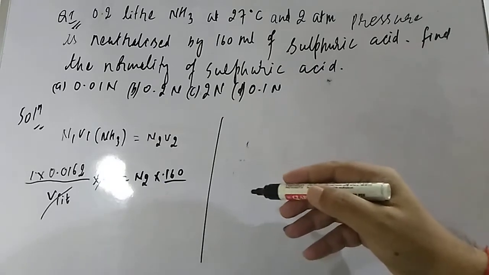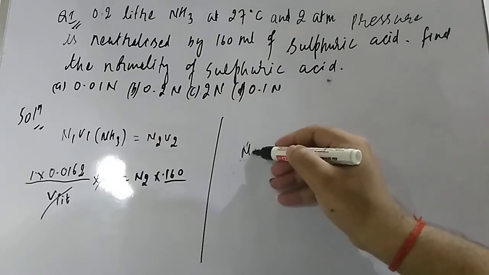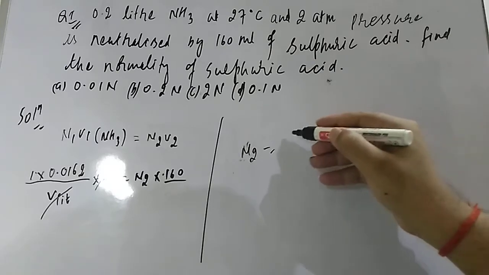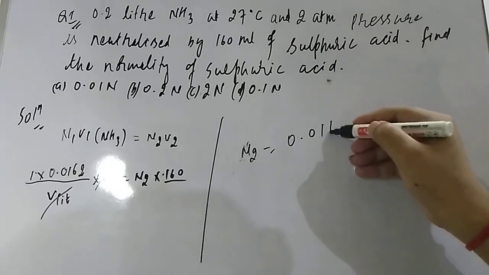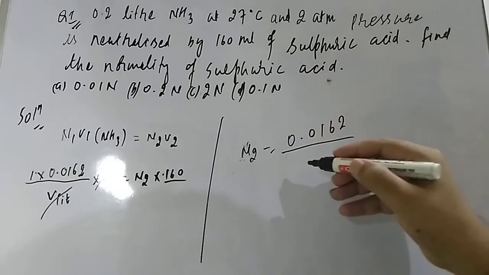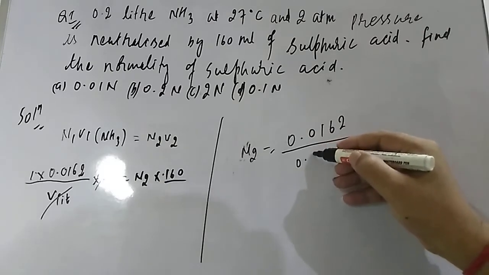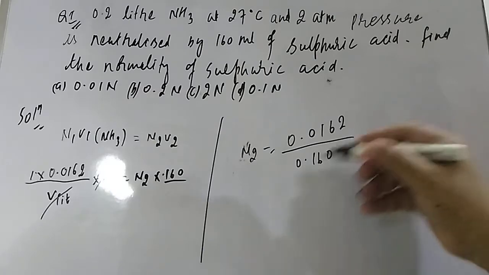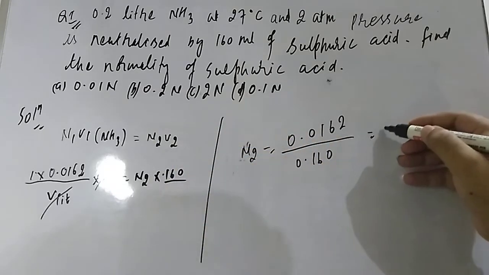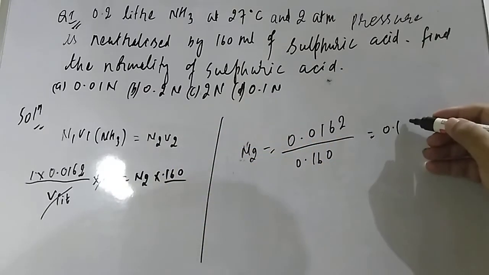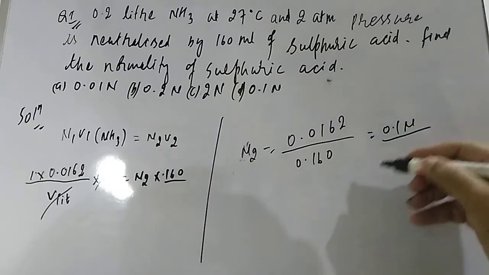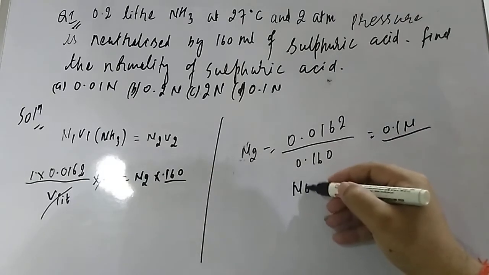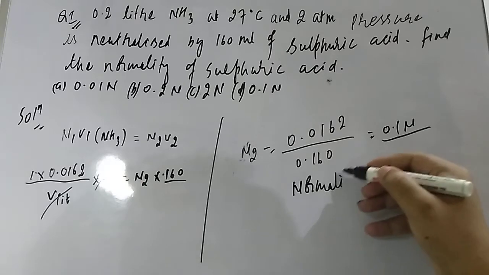So N2 is equal to 0.0162 divided by 0.160. So how much will come, even if you do it that way, it will come 0.1 normal. So N2 is equal to the normality of sulfuric acid.